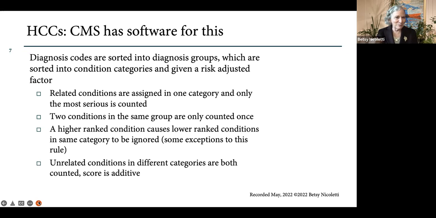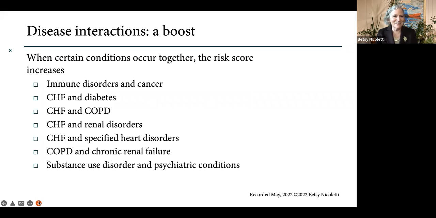They don't get added up twice. But that doesn't mean that on the diagnostic side, when we're selecting codes, that we don't put both of them down in the assessment. It just means that they're not counted twice for HCCs.